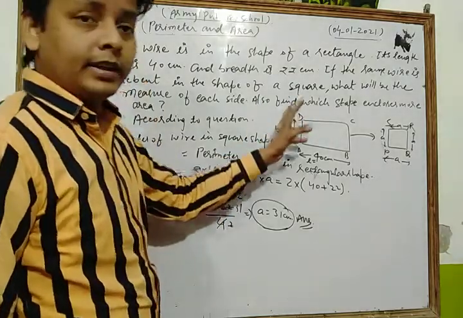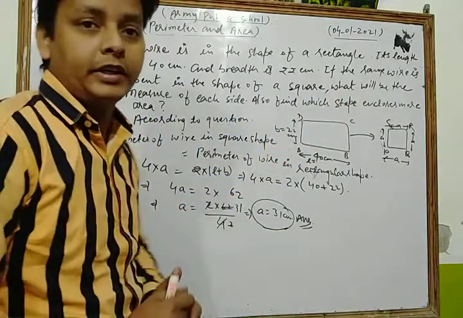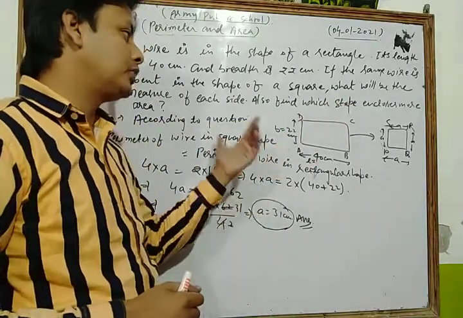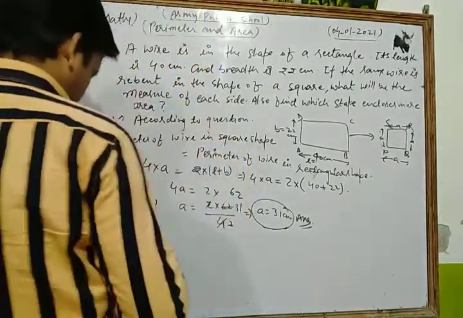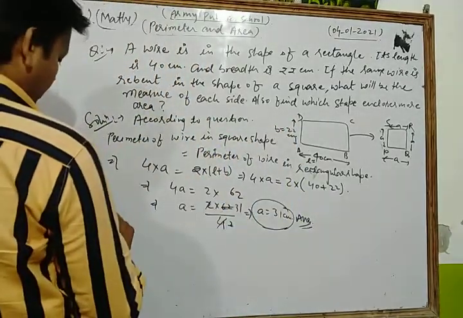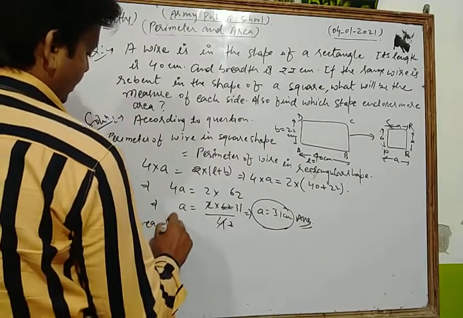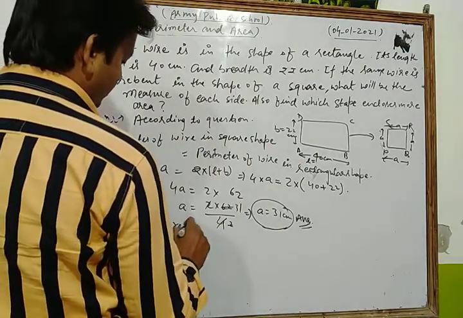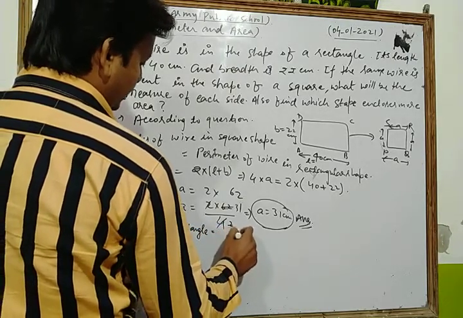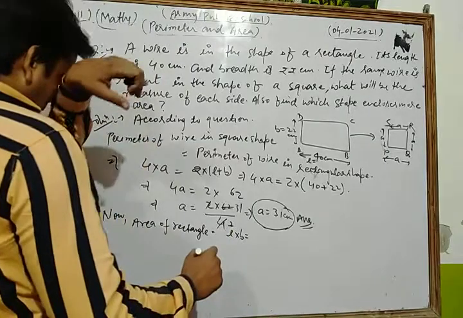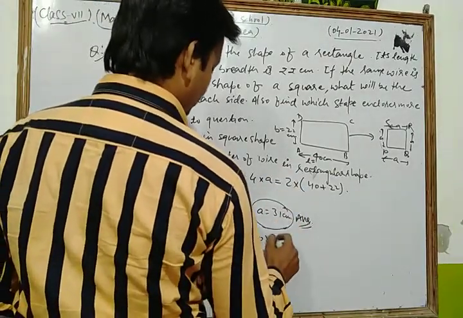Now our next question is also to find which shape encloses more area. So first of all we find the area of each shape of wire. Now first of all we find the area of the rectangle. Area of rectangle is length into breadth. Length is 40 into breadth is 22.